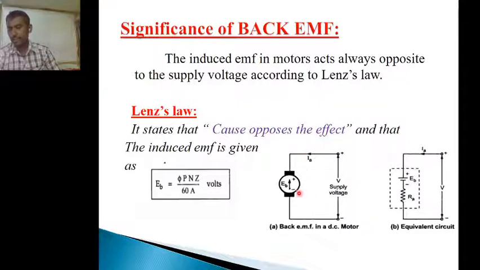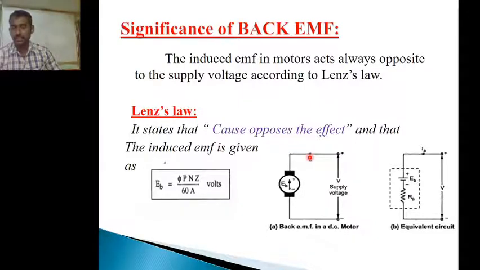So here, what is the effect? Generated back EMF. And what is the cause? Rotation of the motor. So the generated back EMF must be opposite to the rotation of the motor, so it opposes the motor rotation.